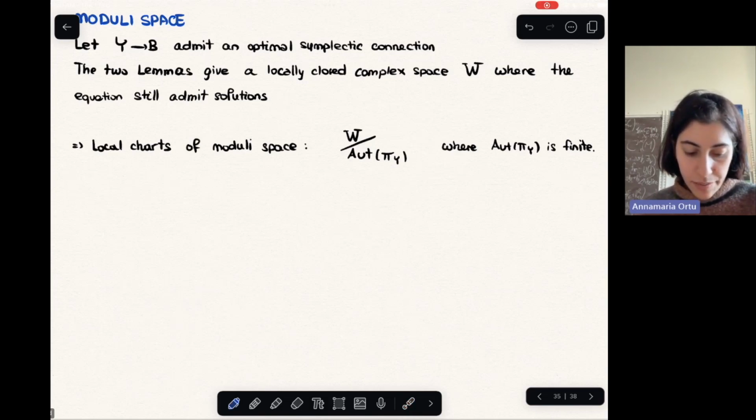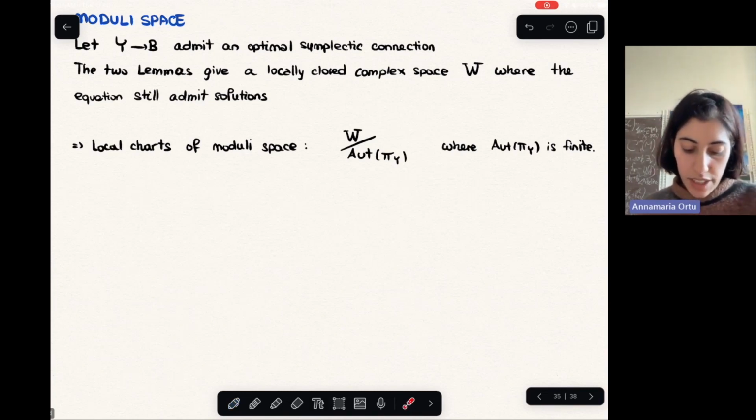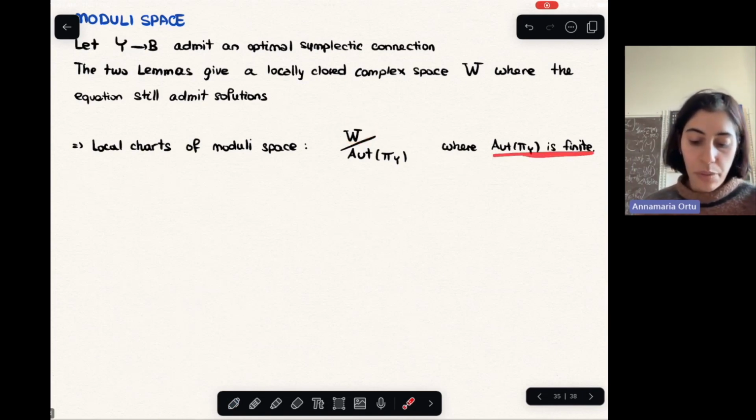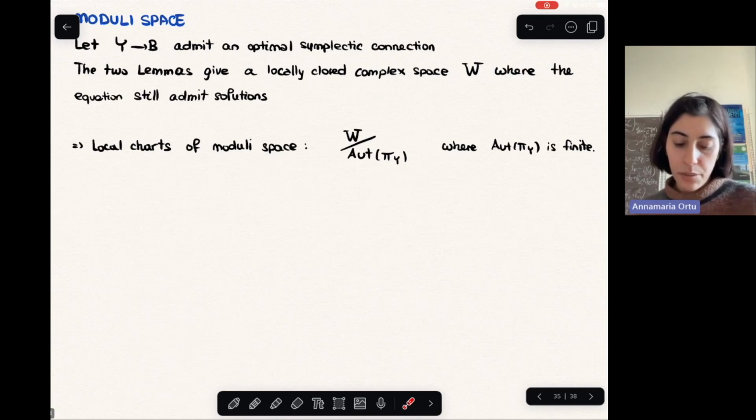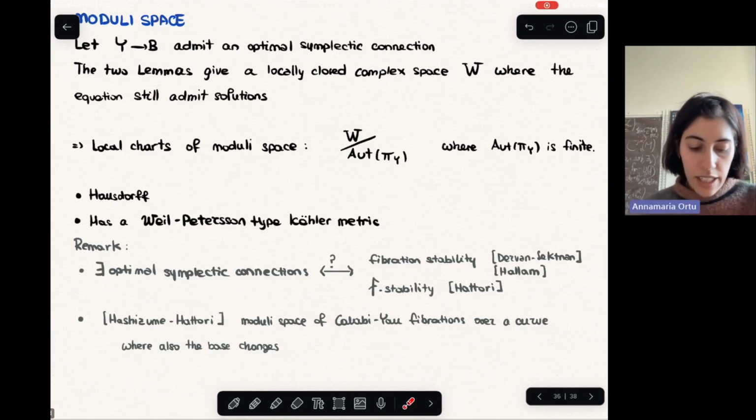And so the local charts of the moduli space are given by this space W, quotient by the discrete group that turns out to be the finite group of automorphisms of pi y. So that's a discrete finite group. So this has some sort of orbifold structure. And this is a Hausdorff space, and also has a Weil-Petersson type Kähler metric.